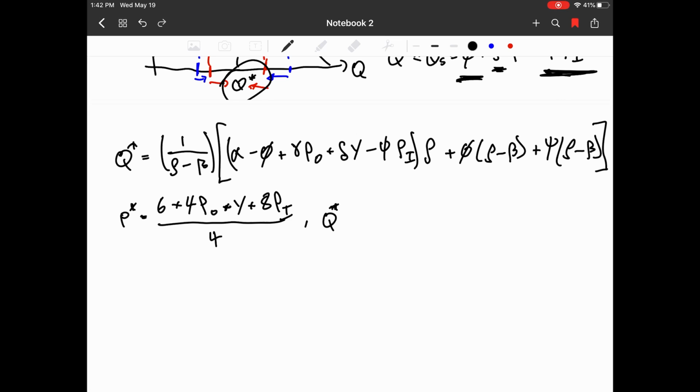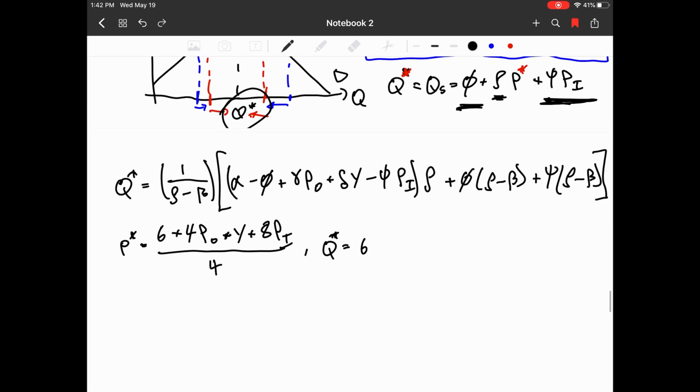Q star, when we plug this in, gives us 6, which is coming from phi, plus 2 times price, which in this case is this whole relationship on the left. So we're going to divide top and bottom by 2.